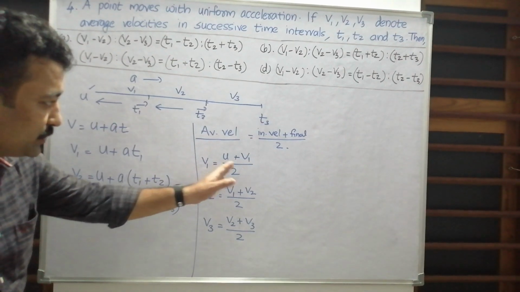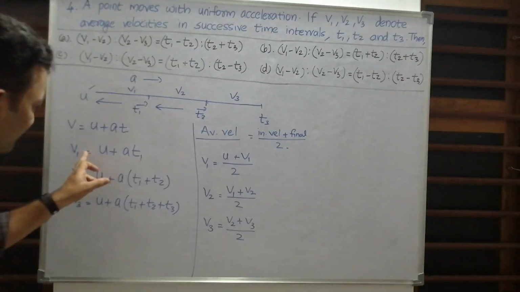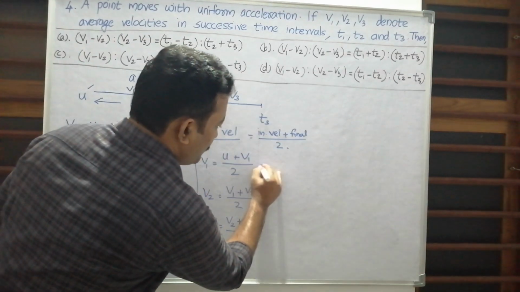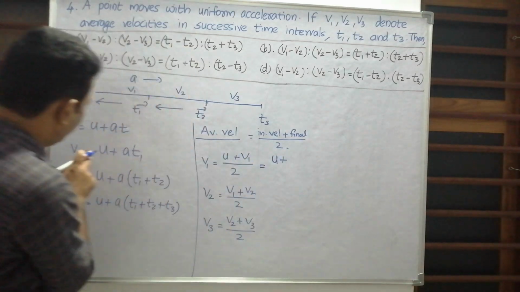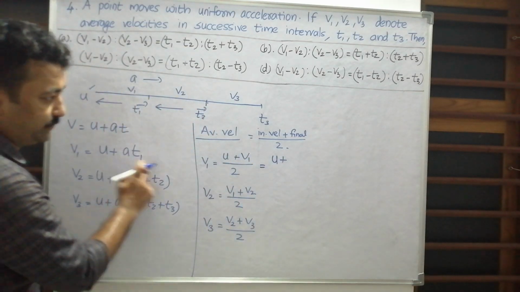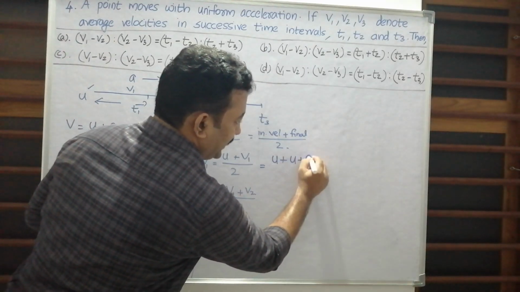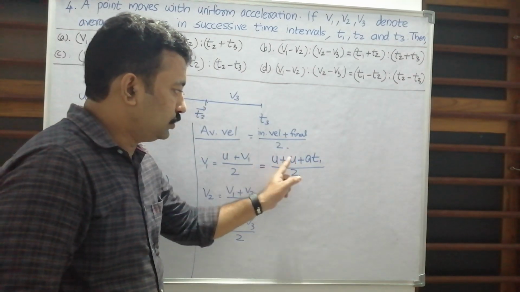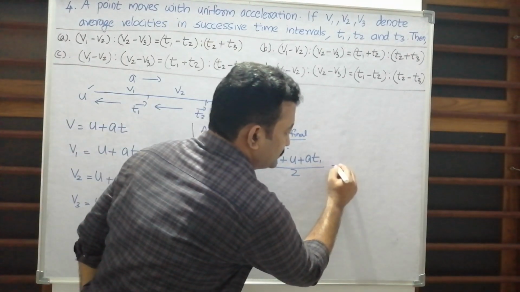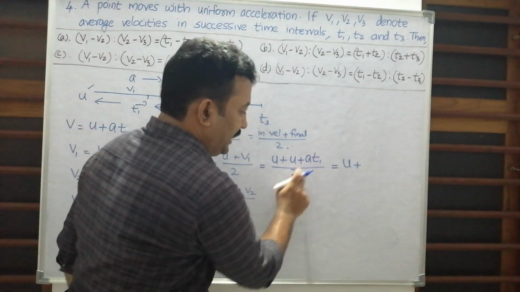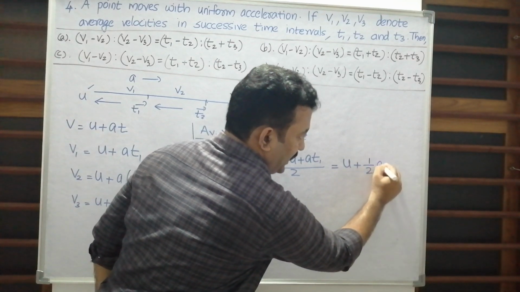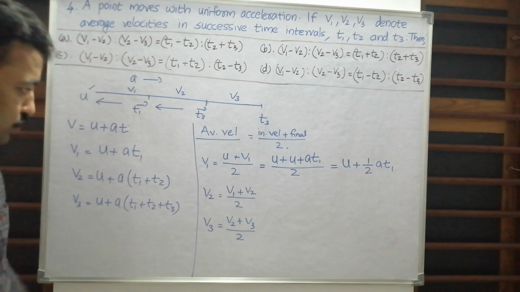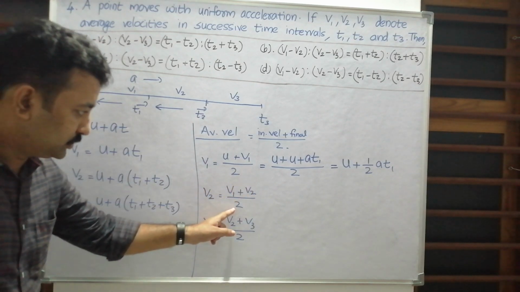Now let us substitute into these equations the values of v1, v2, v3. The first one will become u plus, what is v1 from this? U plus at1. U plus u plus at1 by 2. U plus u is 2u, 2u by 2 will give you u itself. And at1 by 2 is half at1. I am going to the second one. What is it? v1 plus v2 divided by 2.